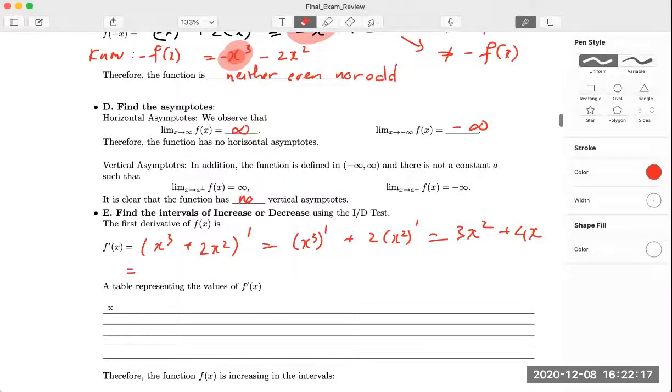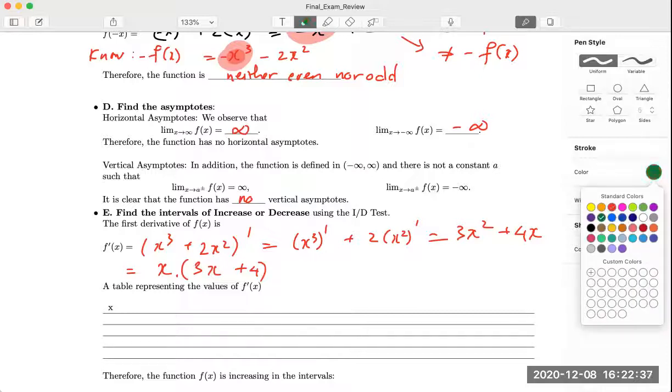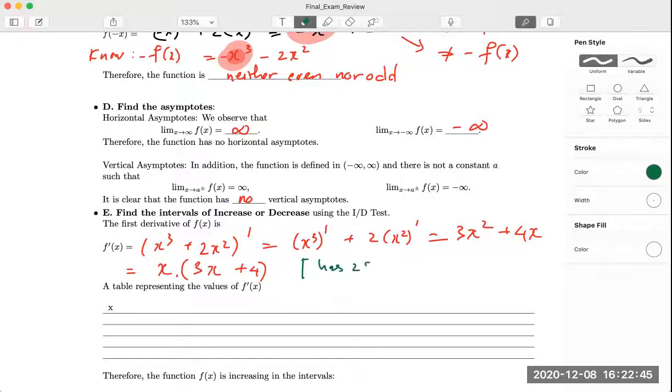When we factor it out, we see that x is a common factor, so this becomes x times 3x plus 4. This equation has two solutions. The first is x equal to 0. The second solution is negative 4/3.